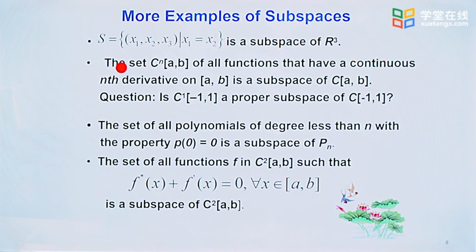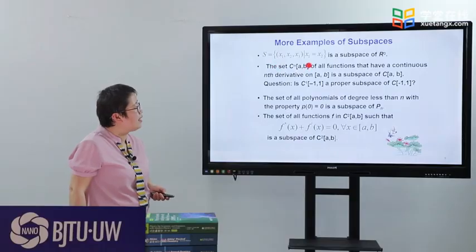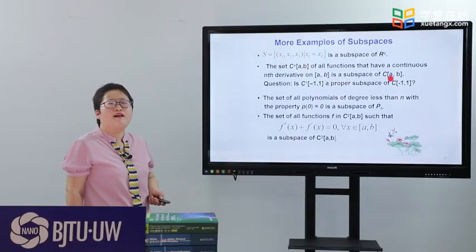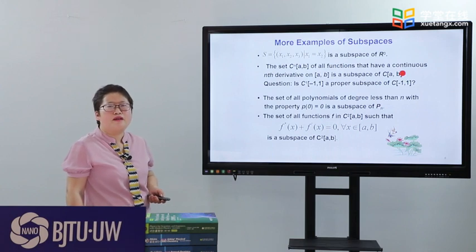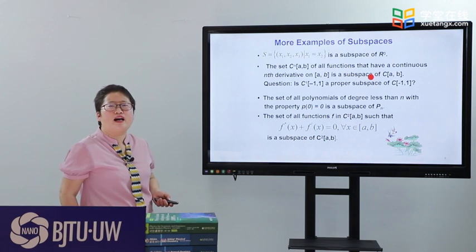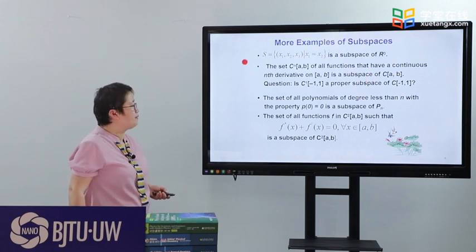And also, if we consider C^n[a,b], this set consists of all functions that have a continuous nth derivative on the closed interval a to b. C^n[a,b] is a subspace of C[a,b]. Remember that C[a,b] contains all the continuous functions on the closed interval a to b.